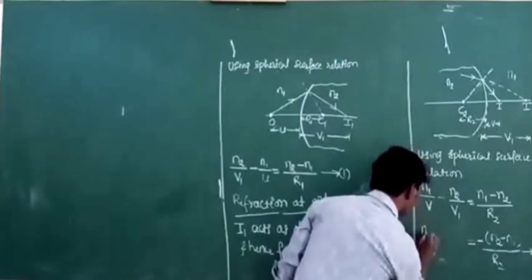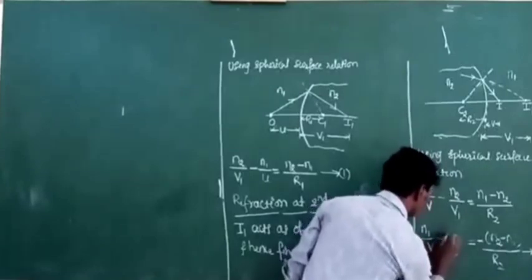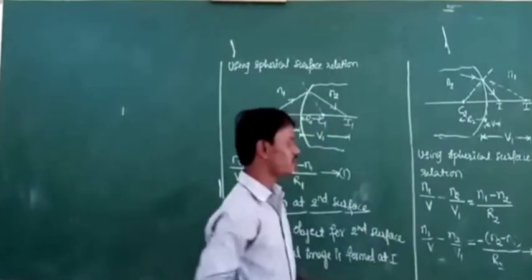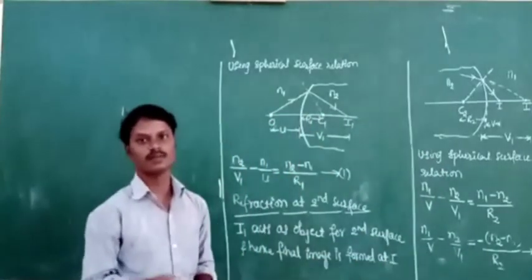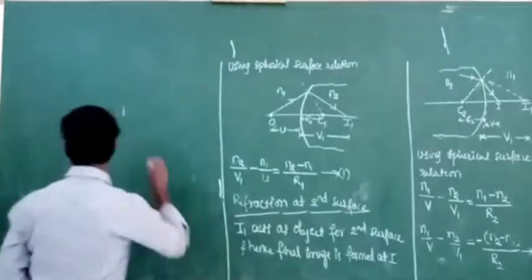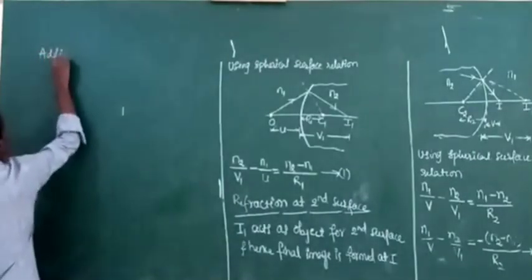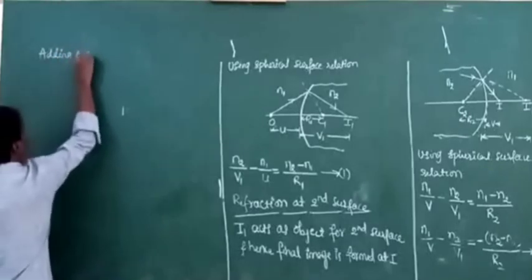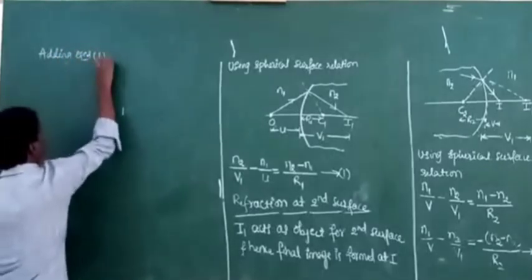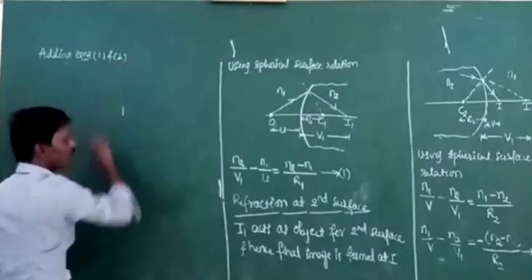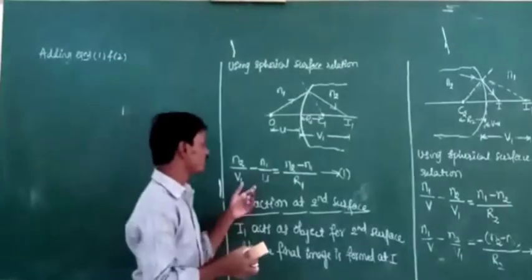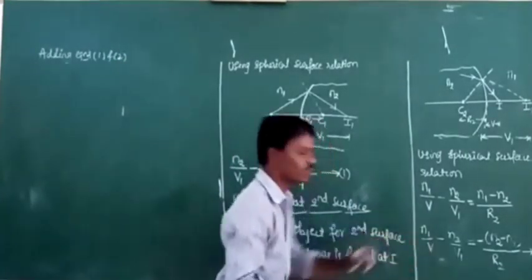Then it is N1 by V minus N2 by V1. Adding equations 1 and 2, we will get the focal length of the lens. What about equation 1? Left hand side of equation 1 plus left hand side of equation 2.